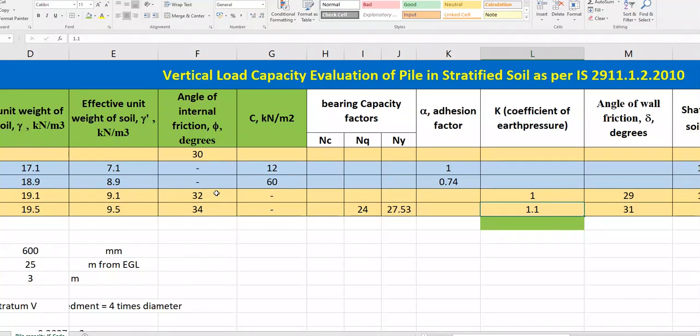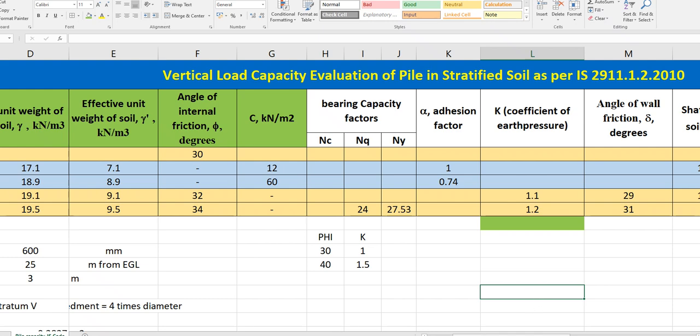For 30 it is 1, for 40 it is 1.5. So for 32 it will be 1, and for 34 it will be 1.1. Understood? So I think it should be 1.2, right? This is 1.1, this is 1.2. I apologize for the mistake.